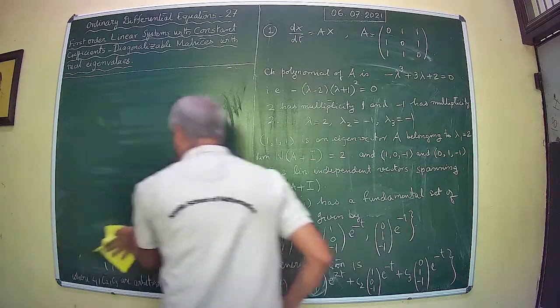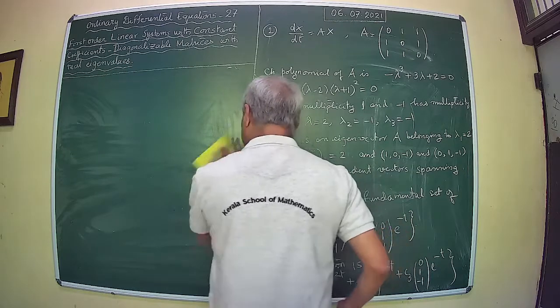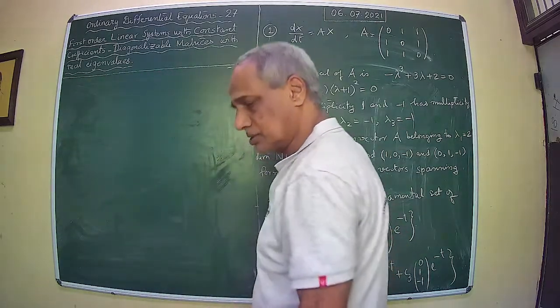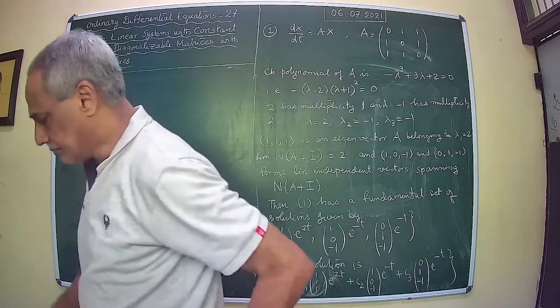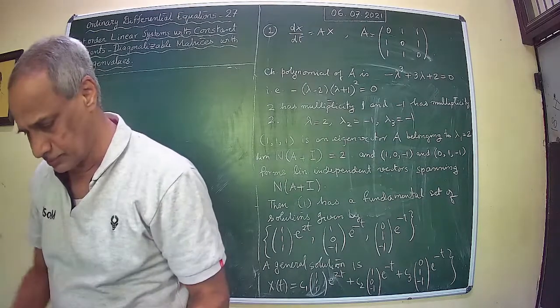It needs some careful working to find out the eigenvalues and eigenvectors. And these eigenvectors are not unique. That, of course, you should know. So I'll give some examples where you can work this out.